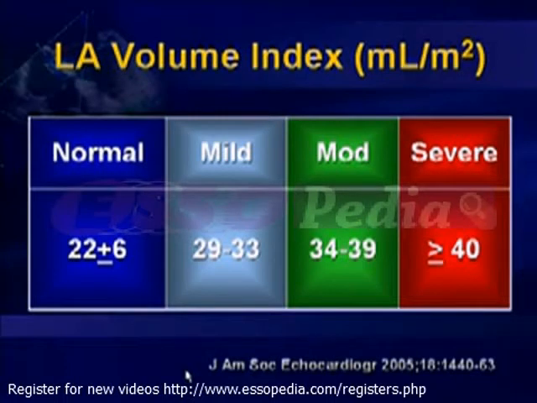The point then being that an individual that has an LA indexed volume of, say, 39 mils per meter squared is of greater risk for an adverse cardiovascular event such as atrial fibrillation, heart attack, myocardial infarction, stroke, or dying than, say, an individual that has an LA indexed volume of 29 mils per meter squared.